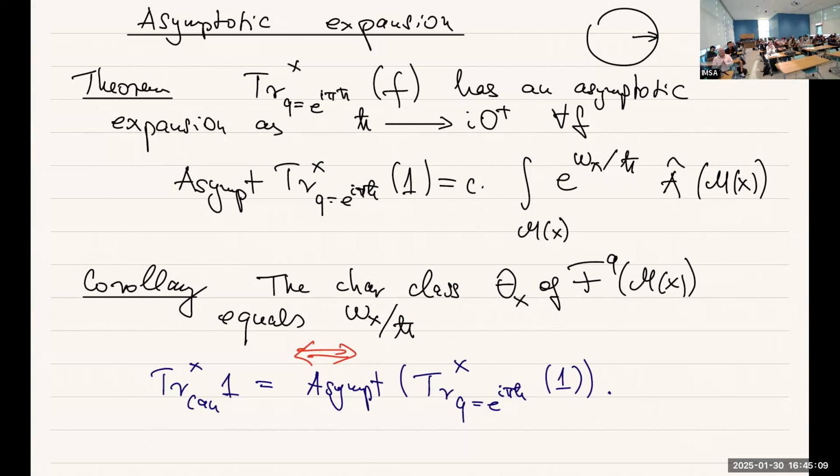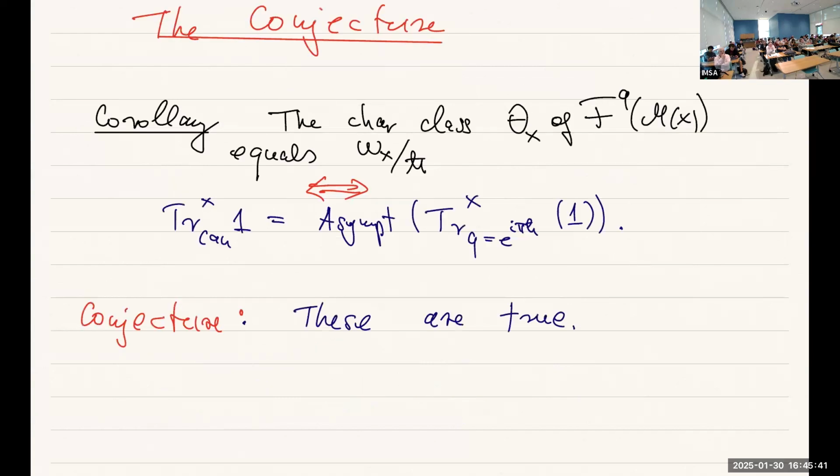So if I know that the characteristic class of theta is equal to omega x over t, that's kind of the simplest thing it can be, then in fact that canonical trace will be obtained by this very natural procedure in the Riemann theory and then passing to asymptotic expansions. So this is basically what we proved. And of course, then the conjecture is that both of these are true.